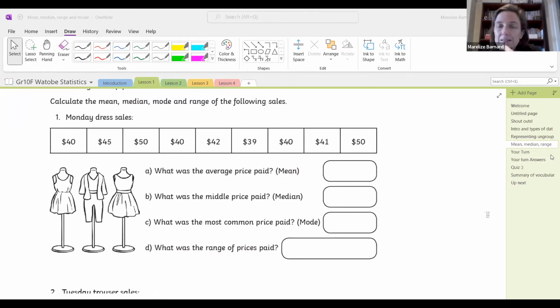Guys, if you didn't understand that first question, don't worry, just give this one a go. We are going to go over everything again now.